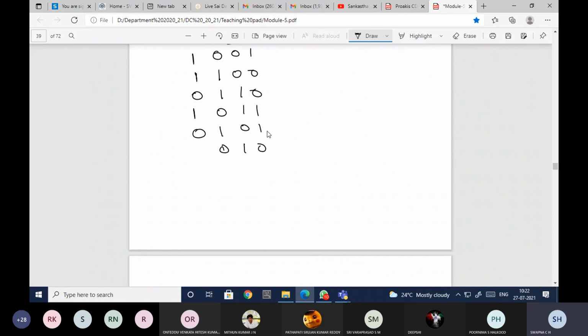0, 1, 0, 0, 1 XOR with 0, 1 will be 1. So 1, 0, 1 XOR with 1, 0 will be 1. 1, 1, 0 XOR 0, 1 will be equal to 1. Again, one more clock pulse, you'll have 1, 1, 1, and 1, 0 XOR will be 1. Again shifting, 1, 1, 1, and 1, 1 will be equal to 0.